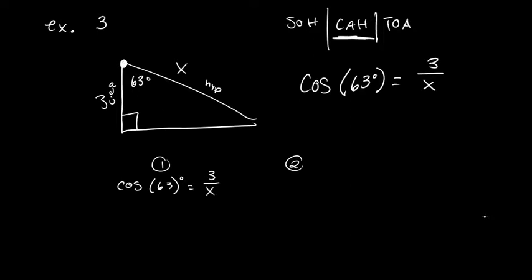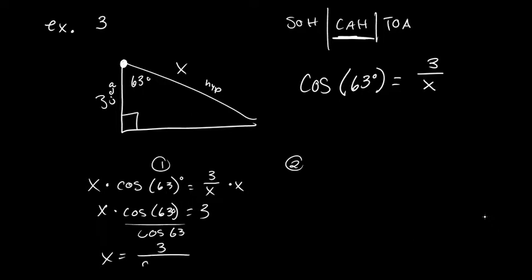I get x times the cosine of 63 degrees equals 3. And then I'm going to divide each side by cosine of 63. So x is equal to 3 divided by cosine of 63 degrees.